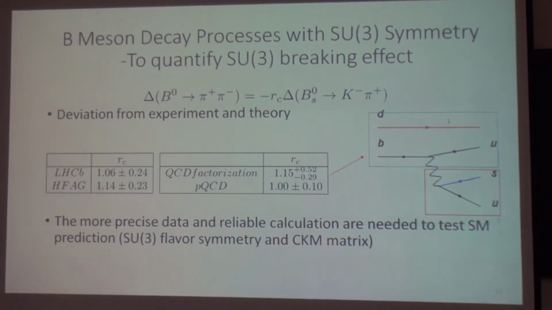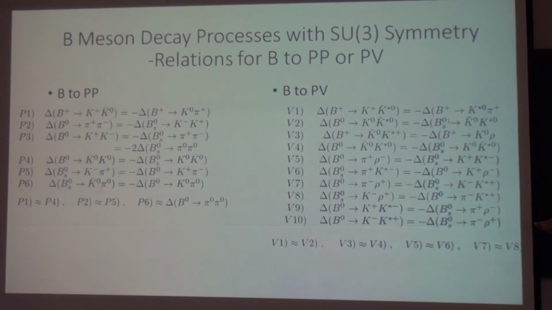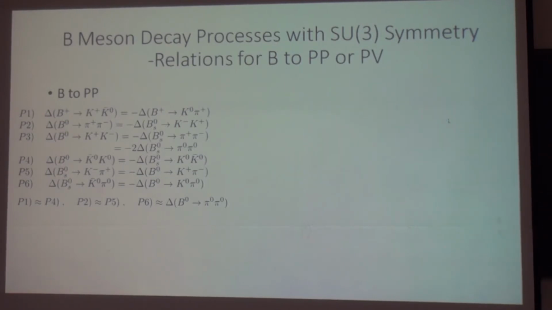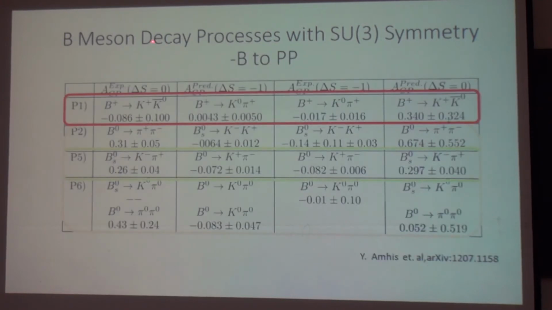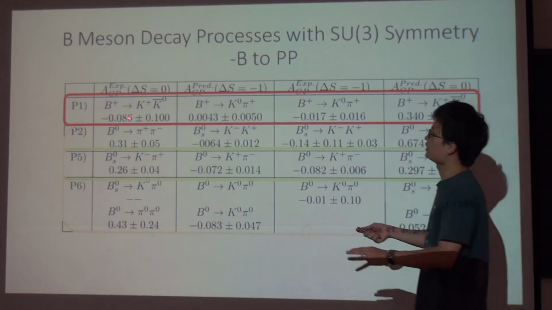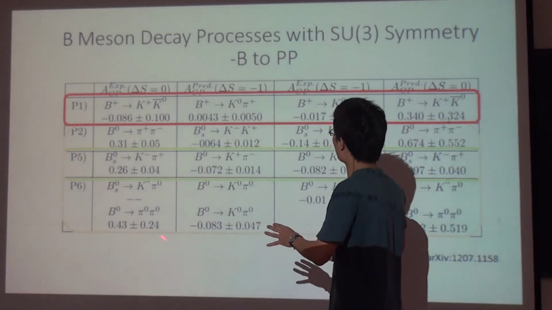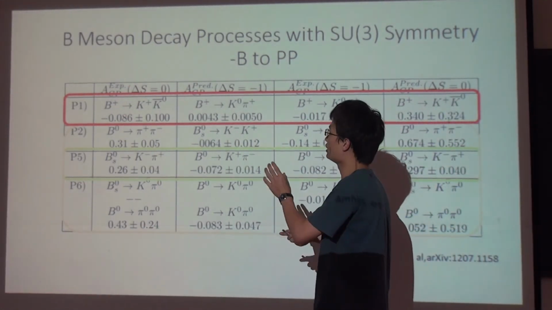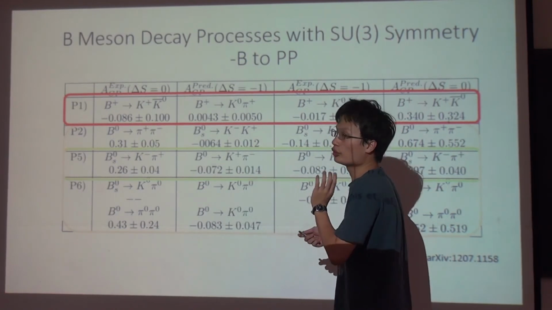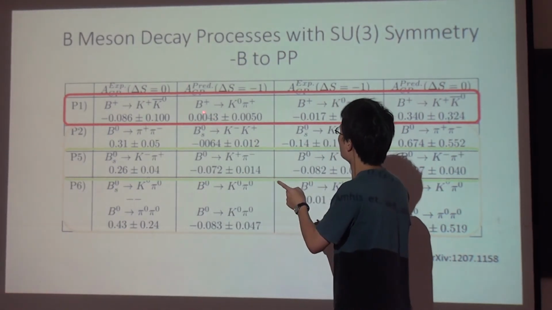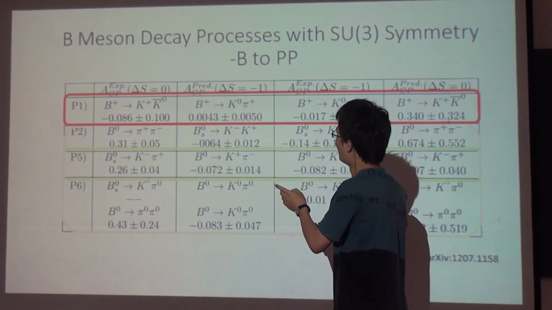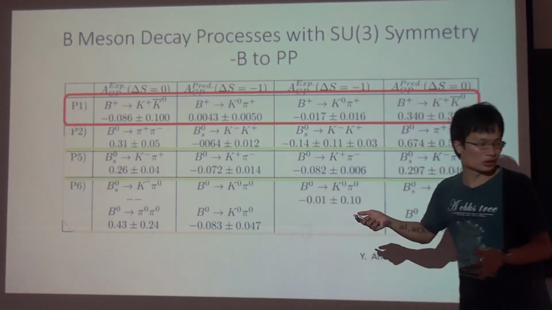And now we also do the other processes, and finally we have this table. This table is from the experiment, and when we use the relation we derived, we can predict another value.